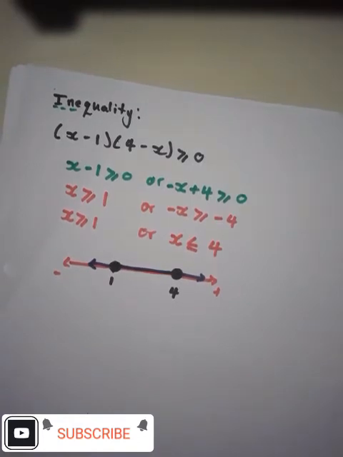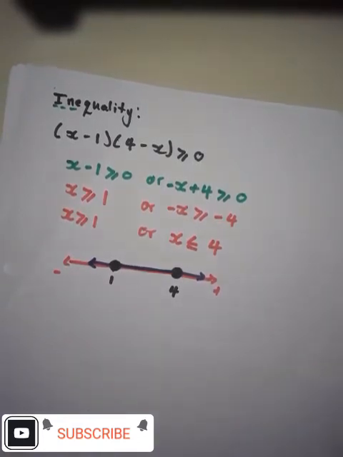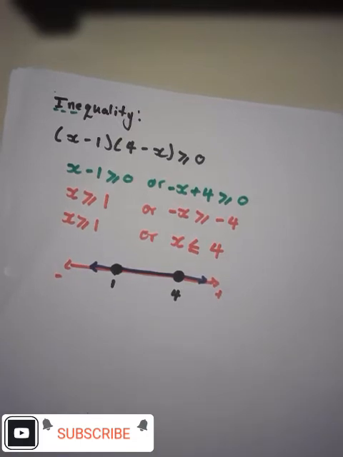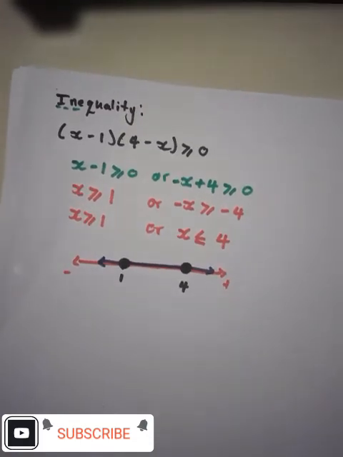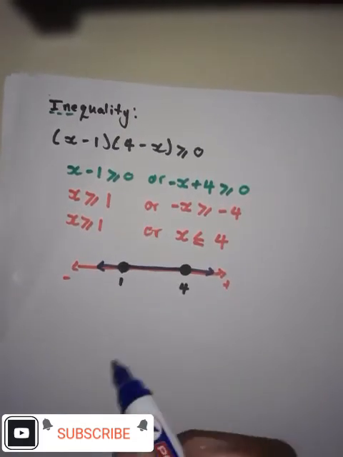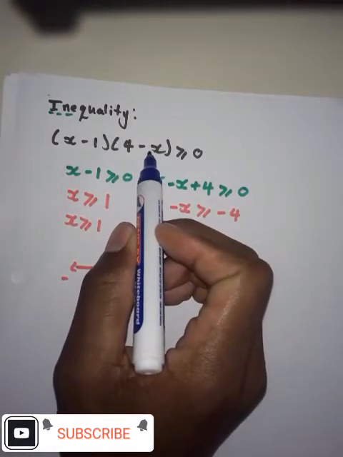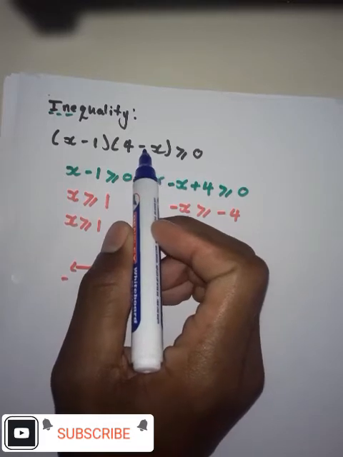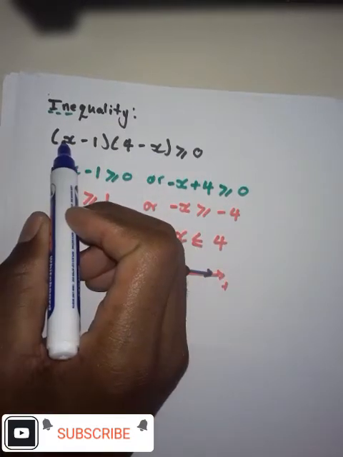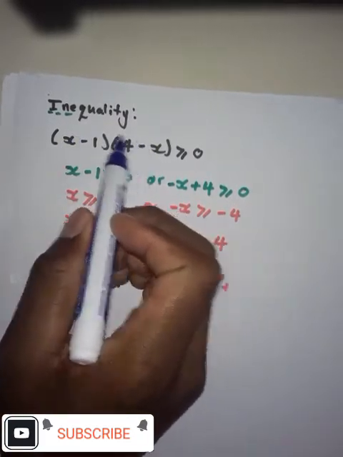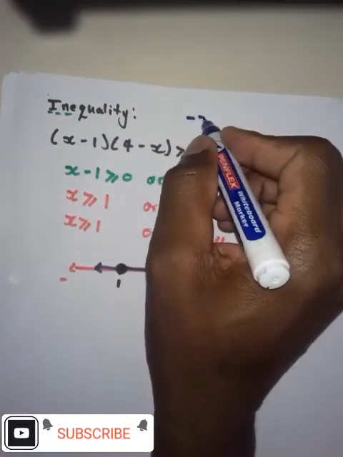Since we have two roots, it tells us that this is a quadratic equation. And we know that the coefficient of x was negative, because here it's minus and here it's positive. So when you multiply these two out, you are going to get minus x squared.